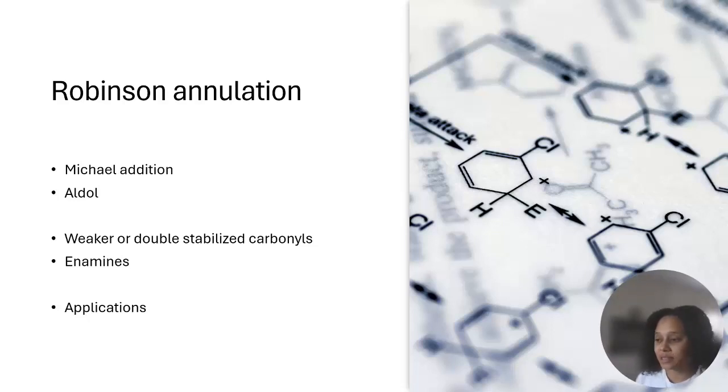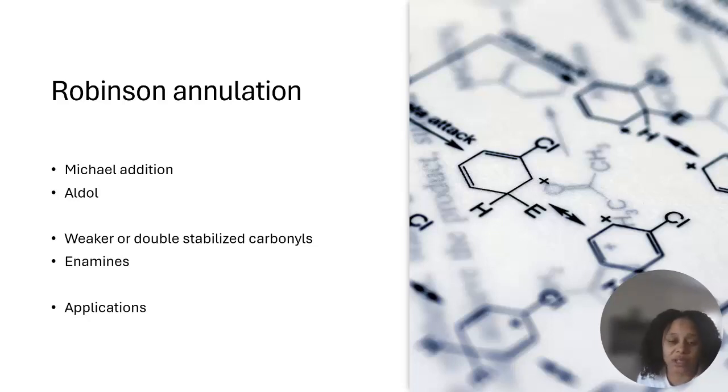Remember, in class and in our previous lecture, we talked about this: we use these weaker nucleophiles because the stronger ones are going to attack the carbonyl itself rather than the beta position on the alpha-beta unsaturated carbonyl.